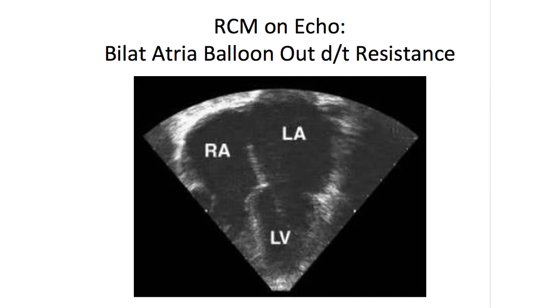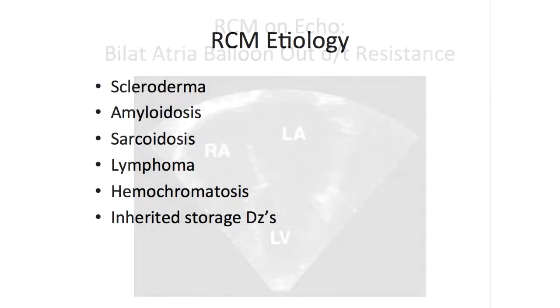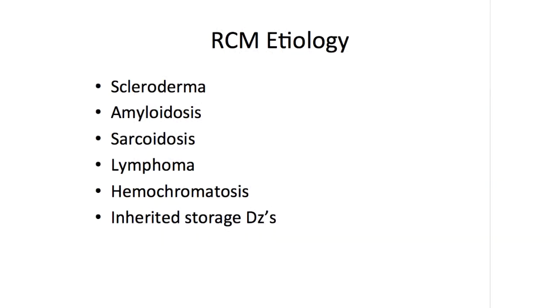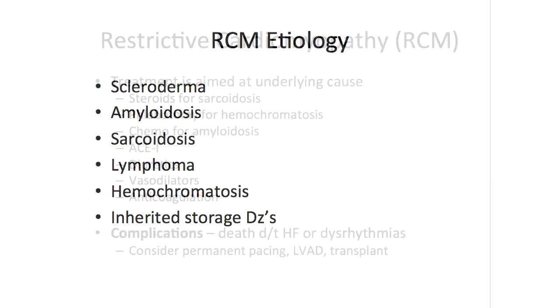Because you have stiff and rigid ventricles, you have bilateral ballooning of the atria. Restrictive cardiomyopathy may be a result of scleroderma, amyloidosis, sarcoidosis, lymphoma, hemochromatosis, or an inherited storage disease.